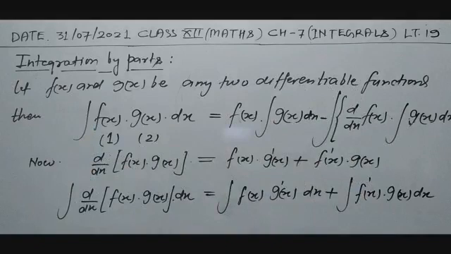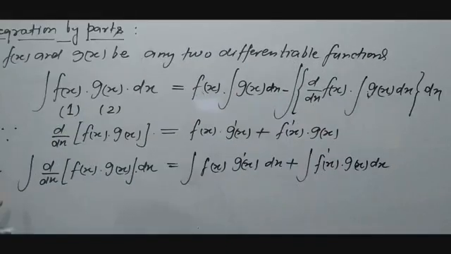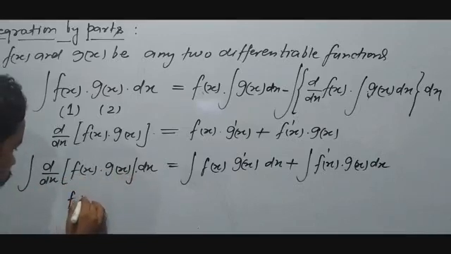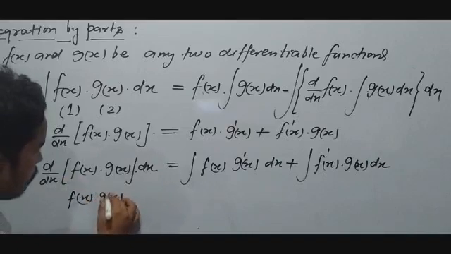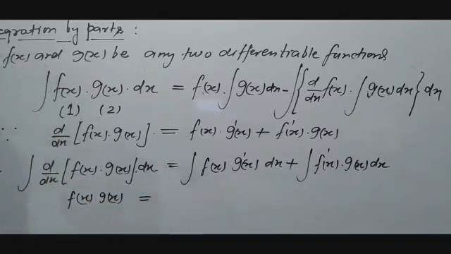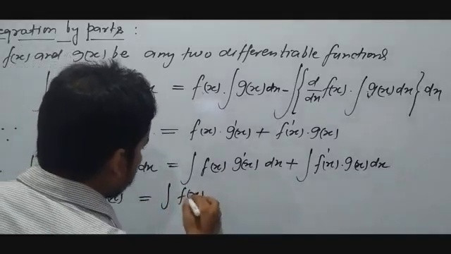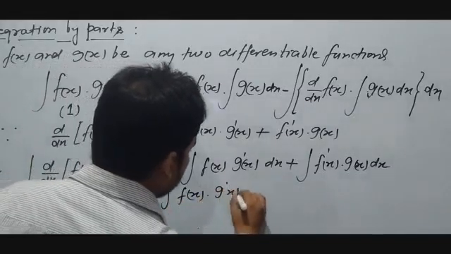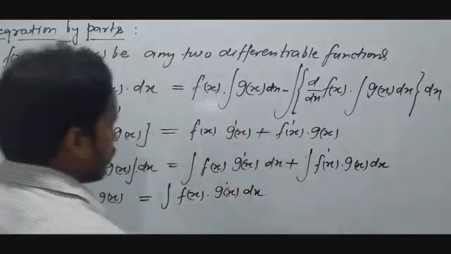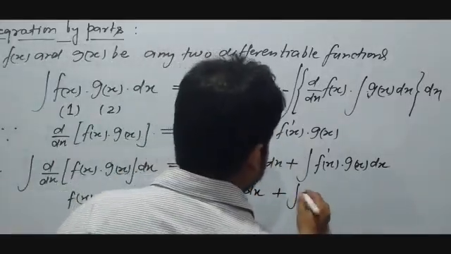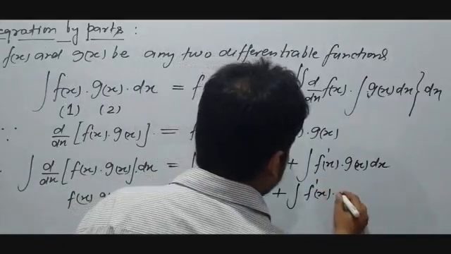And you know the integration of d by dx of f(x) into g(x): the integration and d by dx part will cancel out. So the result will be f(x) times g(x), which is equal to the integration of f(x) into g dash x dx plus the integration of f dash x into g(x) dx.